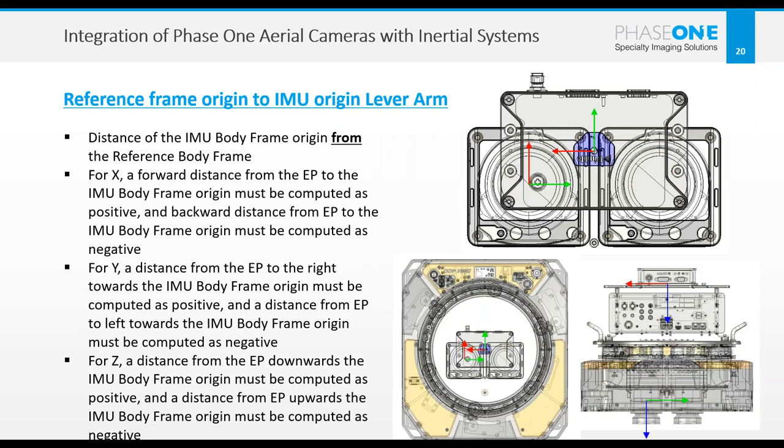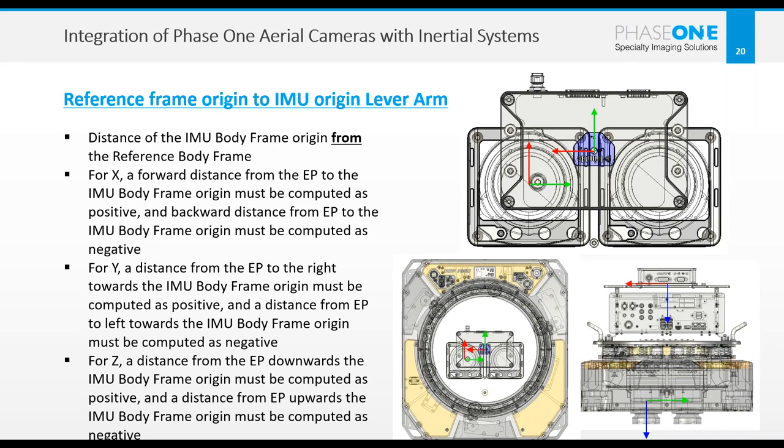This can sometimes be challenging, but if you consider all these measurements, you can see that it's not that difficult. First of all, the distance of the IMU body frame origin is from the reference body frame. In other words, the distances are measured from the entrance pupil to the origin of the IMU, and not the other way around.